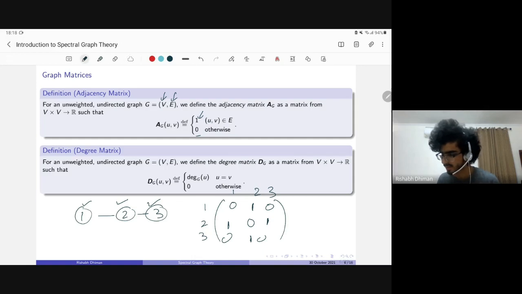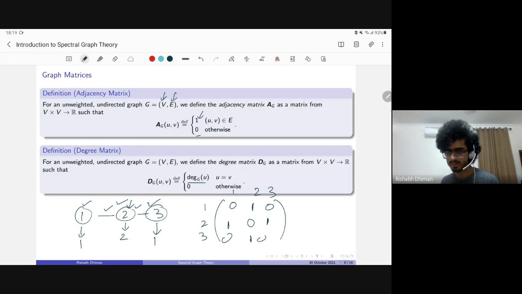And so for a graph, the number of edges which are connected to a node is called the degree of that node. So for example, the degree of this node is 2, the degree of this node is 1, and the degree of this node is 1.